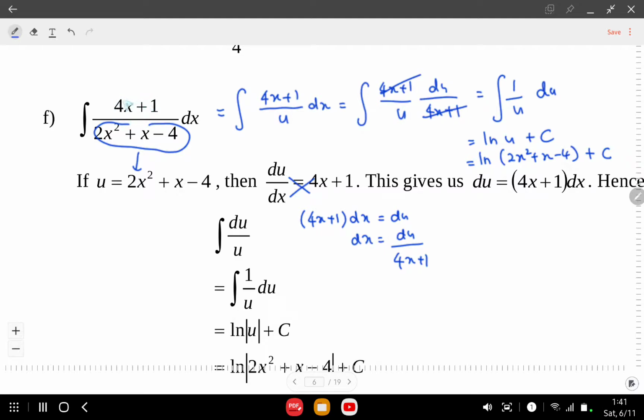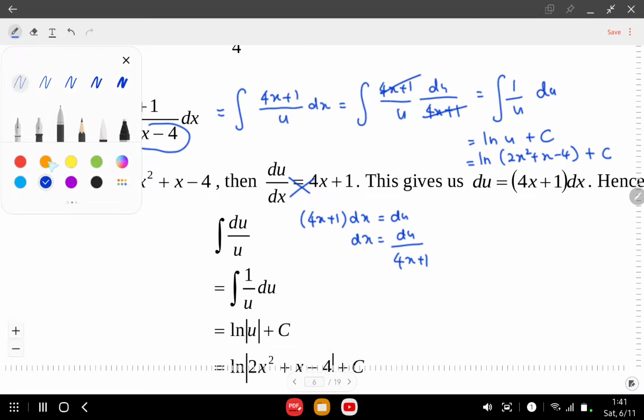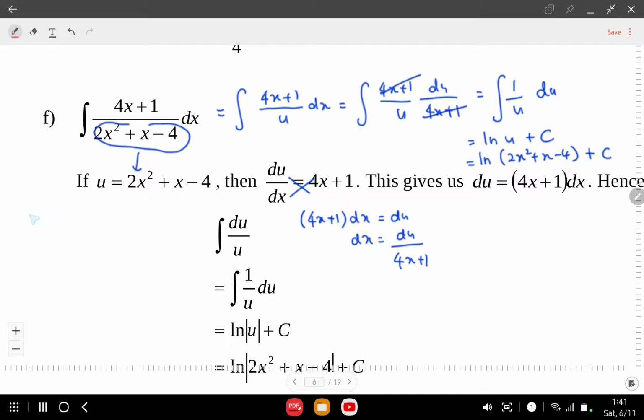Okay, 4x tambah 1 kita tukar jadi u. Apa jadi? Apa akan terjadi? So kita buat satu lagi solution. Okay, so what happen if our u we choose it as 4x plus 1?